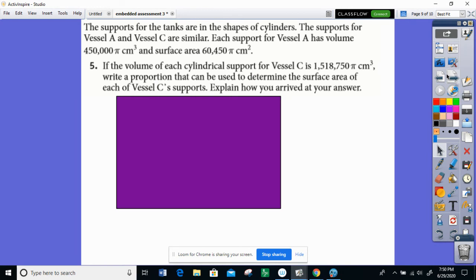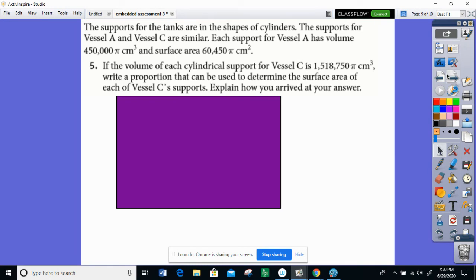All right, last problem. The supports for the tanks are in the shapes of cylinders. The supports for vessel A and vessel C are similar. Each support for vessel A has volume 450,000 pi centimeters cubed and surface area 60,450 pi centimeters cubed. If the volume of each cylindrical support for vessel C is 1,518,750 pi centimeters cubed, write a proportion that can be used to determine the surface area of each of vessel C's supports.